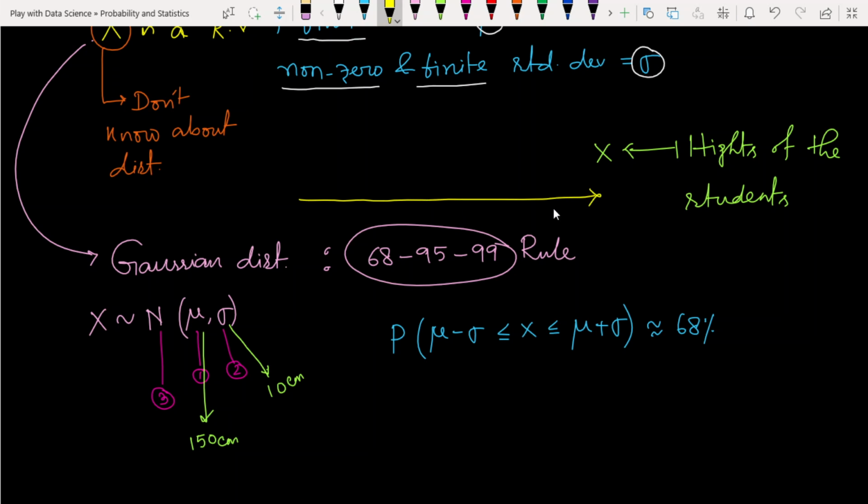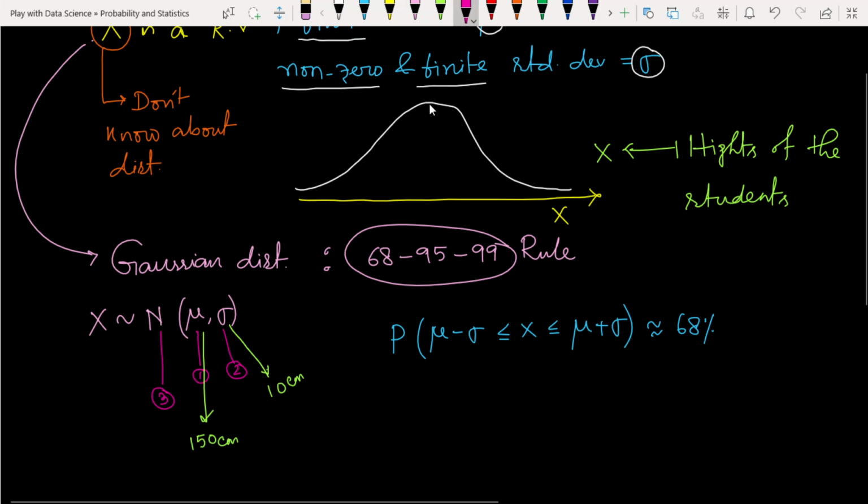Suppose this is our random variable X, and this is its distribution function, the PDF. The mean value is this one. This is the first standard deviation. Let's take this as the second standard deviation, and this as the third standard deviation.